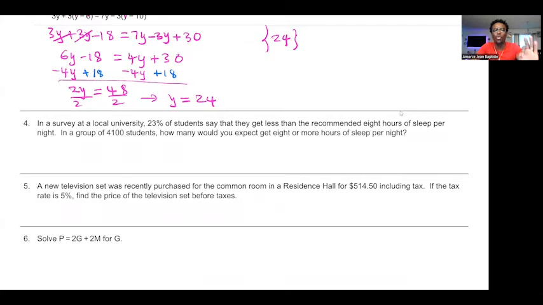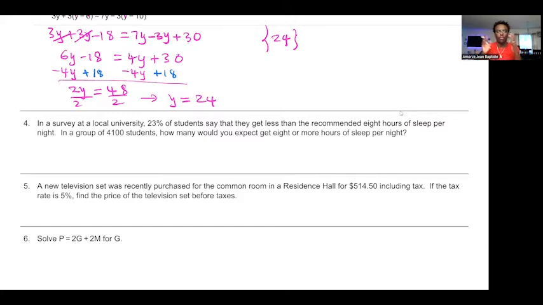Now, in a group of 4,100 students, how many would you expect getting 8 or more? That means the rest that did not get this 8 hours of sleep per night.